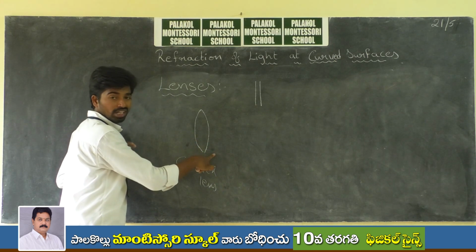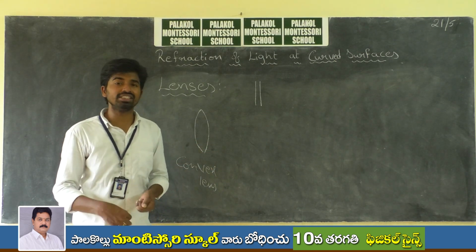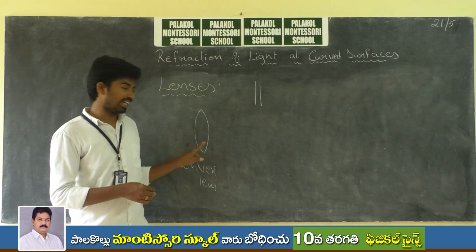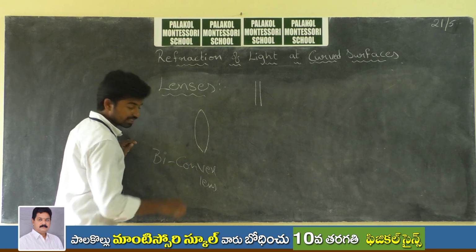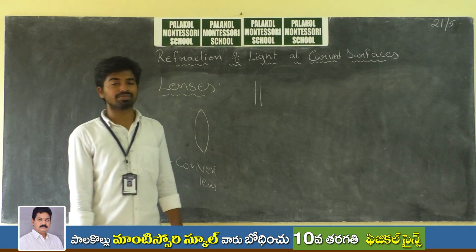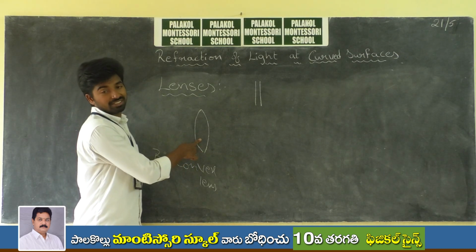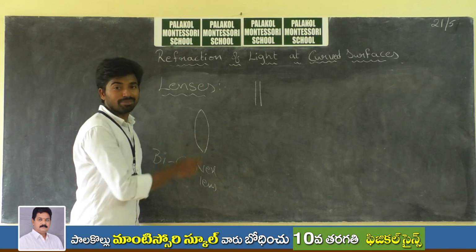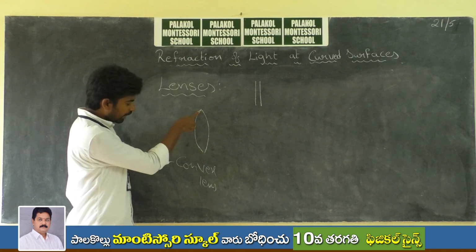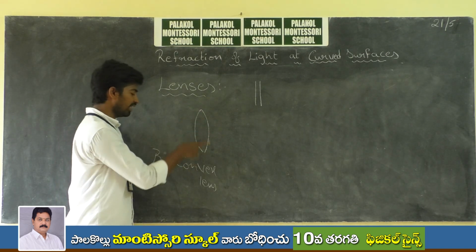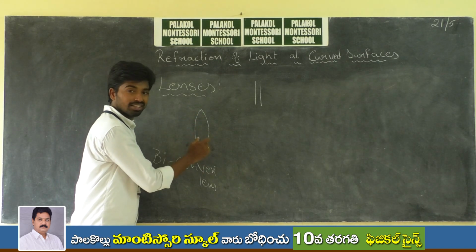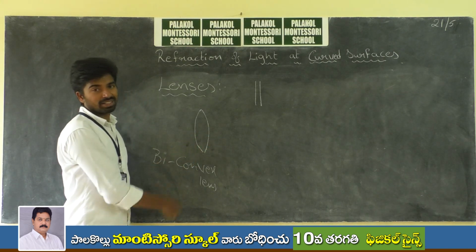The two surfaces of the convex lens are bulging outwards, hence it is a convex lens. We can call it a convex lens or biconvex lens. The thickness of the biconvex lens at the middle is greater when compared to its thickness at the edges of the lens.